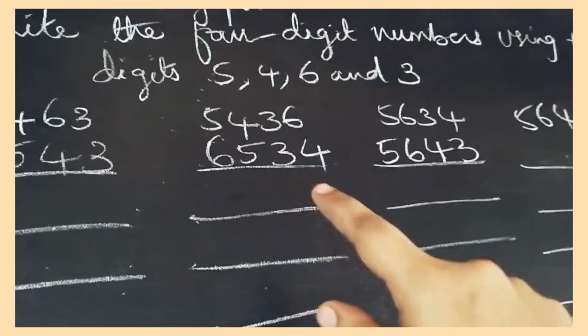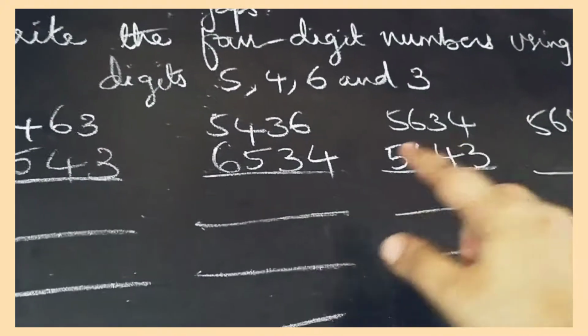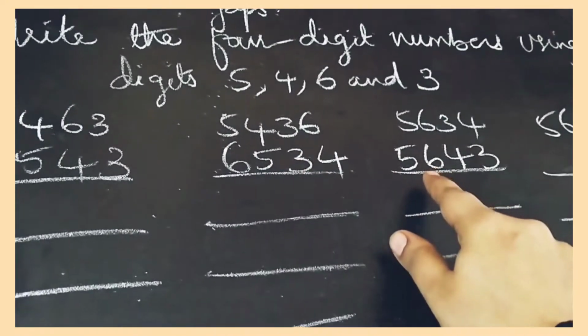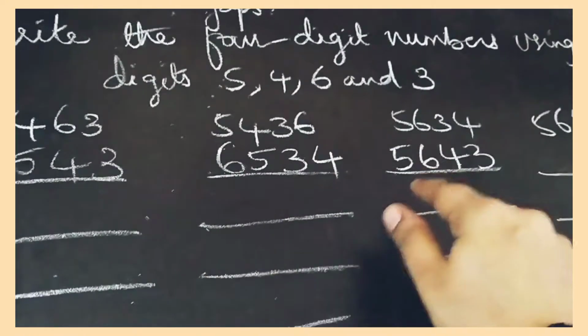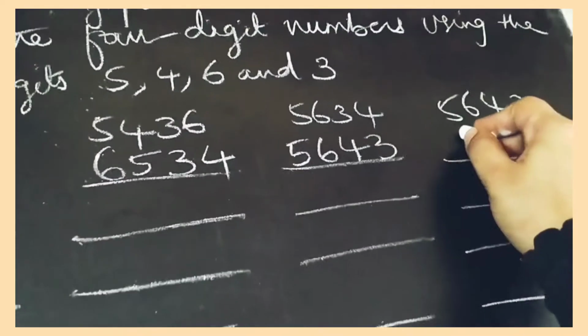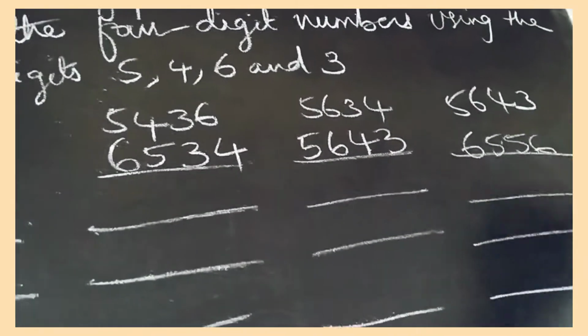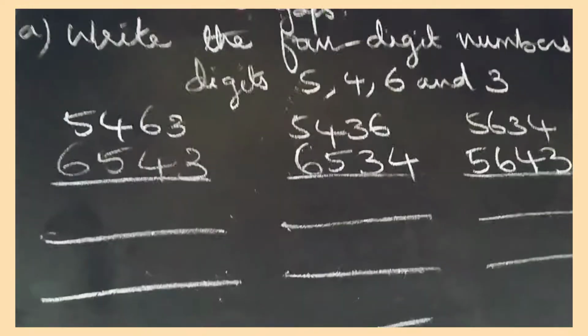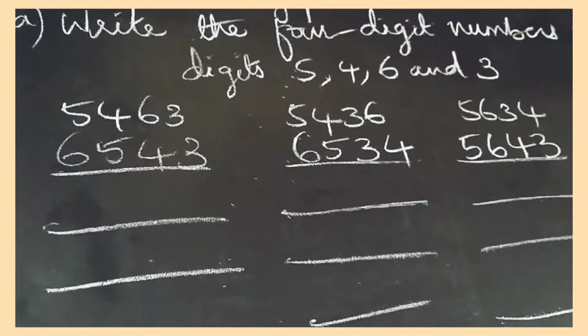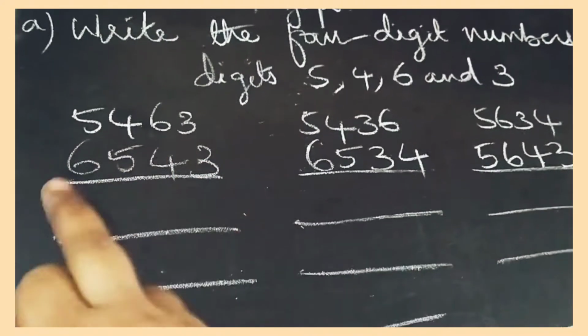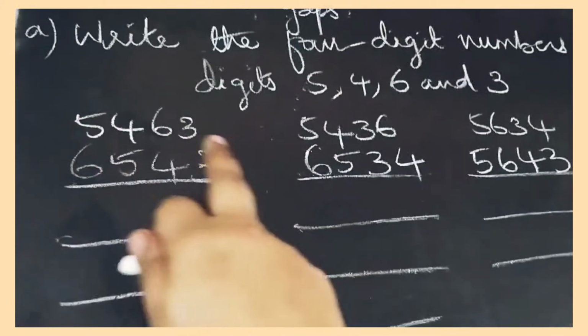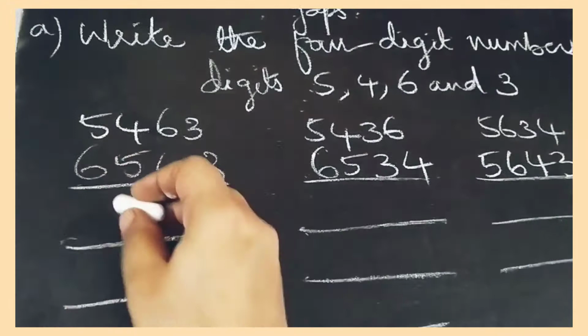Then one more number, 6 5 5 6, we will write. Okay, 6 5 5 6. Now next number, here we are starting the number with 6, here we are starting the number with 5, then we will start the number with 4.